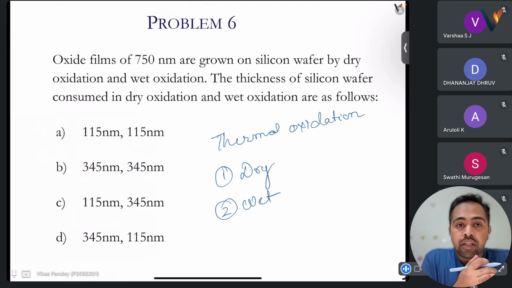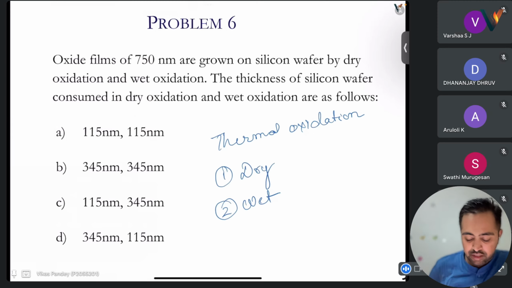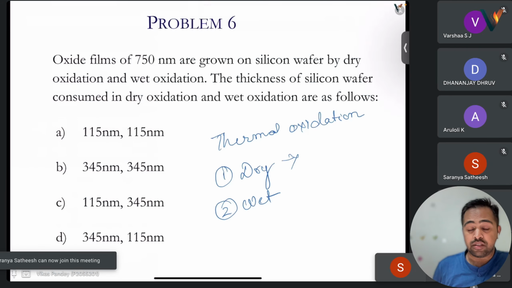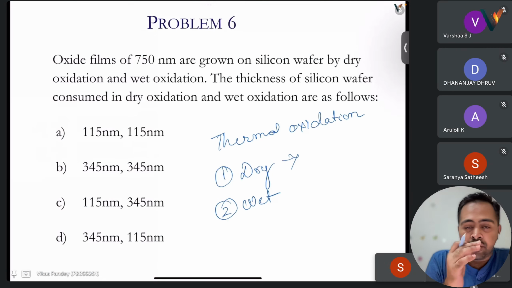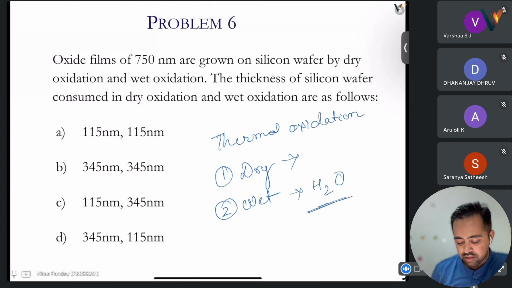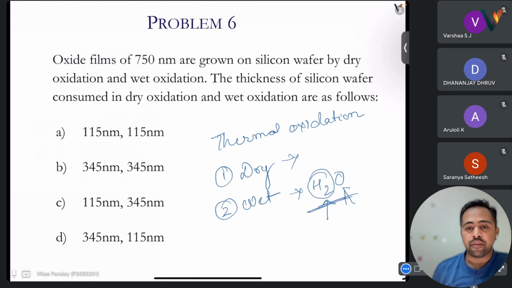But in case of dry, we are getting the oxygen molecules directly from oxygen. In case of wet, we are getting it from H2O. See this, there is H2 and O.